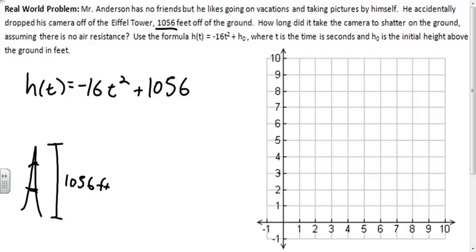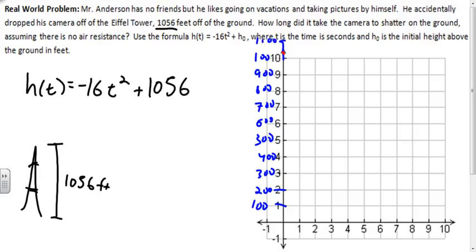So if we wanted to draw that on ours, we would change these each to 100, so 100, 200, 300, 400, 500, 600, all the way up to 1,000, and we'll even make a 1,100.